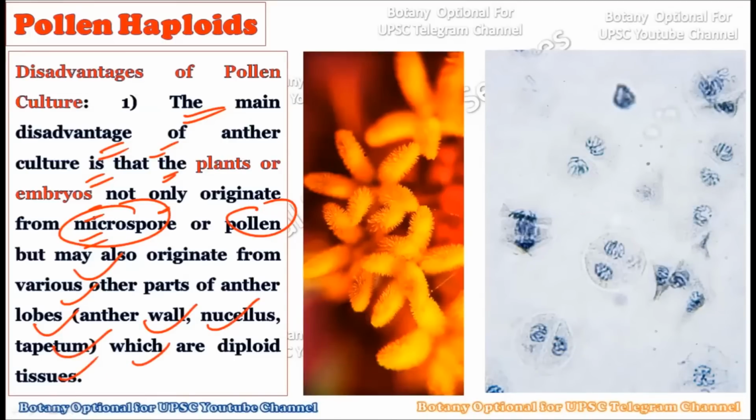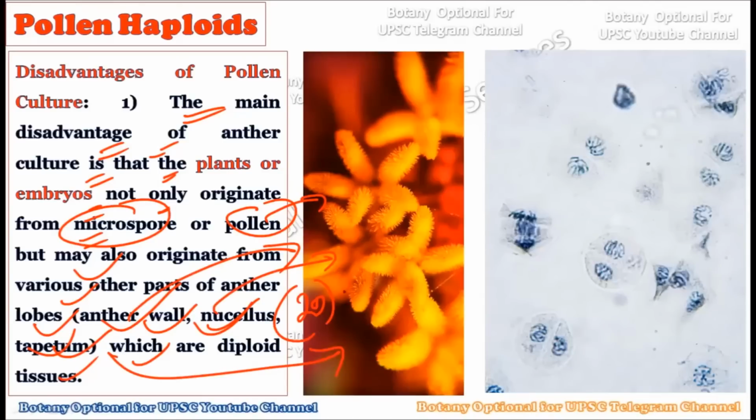Now if you allow contamination, that is if the filtration is not proper, then not only the pollens but also other structures like the anther wall, nucellus and tapetum, all of which are diploid structures, get involved in creating the plant. If these structures get involved in the plant tissue culture laboratory, then a diploid plant will get created. So basically this will be the failure of this process.